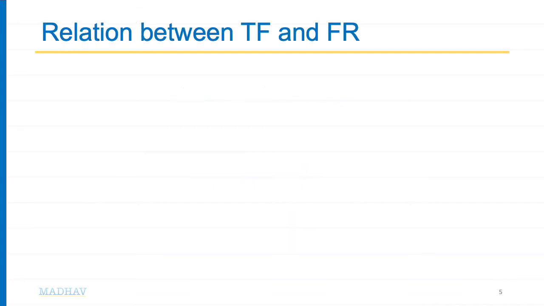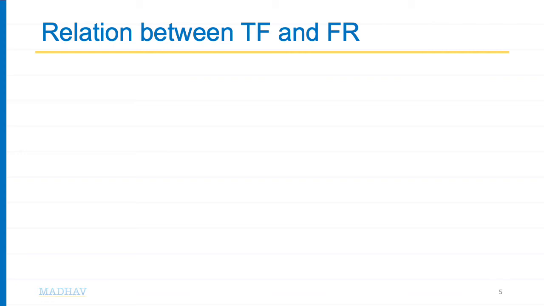Now what is the relationship between the transfer function, which we are discussing now, and the frequency response, which we have seen earlier? Remember, frequency response was: if the input is a pure frequency, then the output is a scaled and delayed, or time shifted, version of the same. Is there a relationship between transfer function and frequency response?